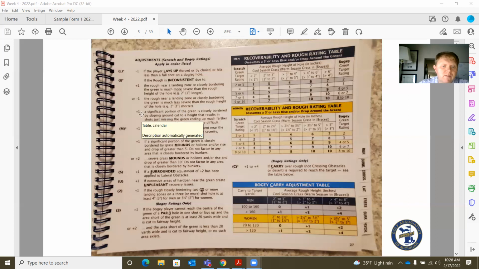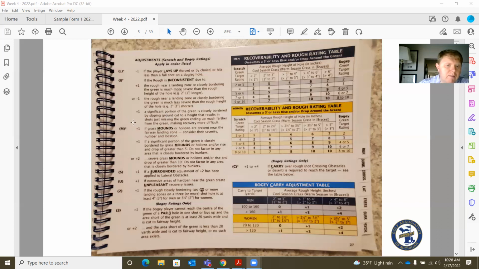So a little runoff over the back of the green, back corner of the green where the hole is never put, isn't going to necessarily get an adjustment automatically. But if it's around the majority of the green or around the front of the green where a lot of the play comes from, then we would definitely have an I+ adjustment in that scenario.